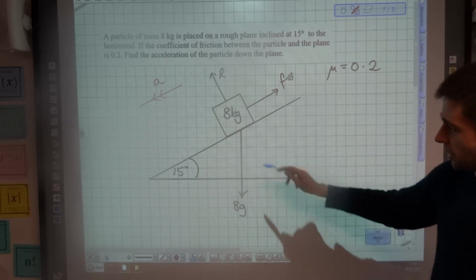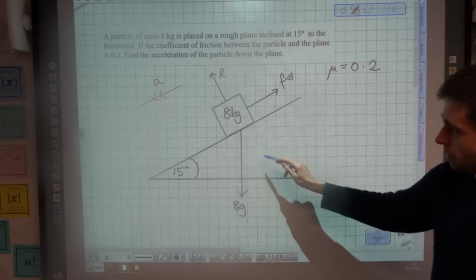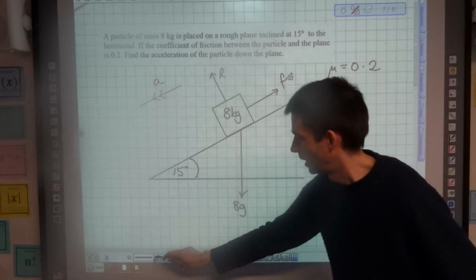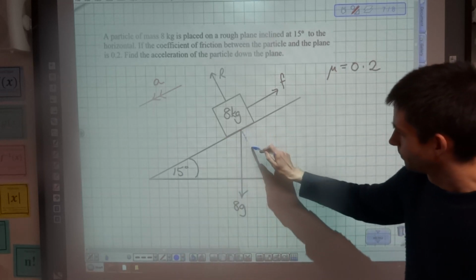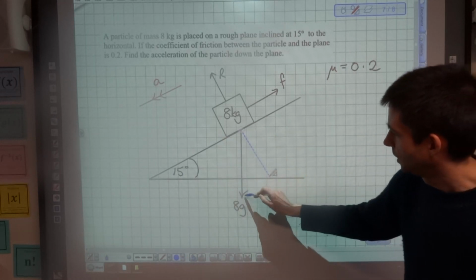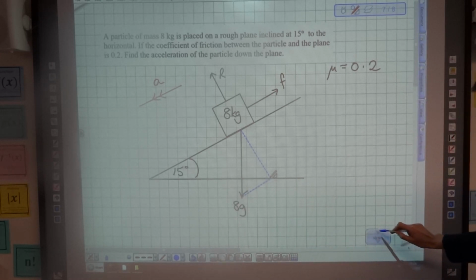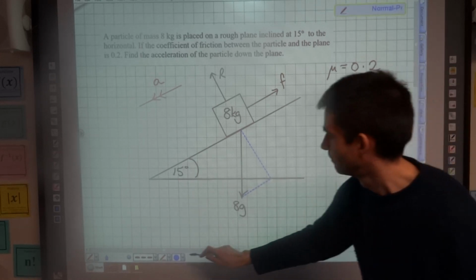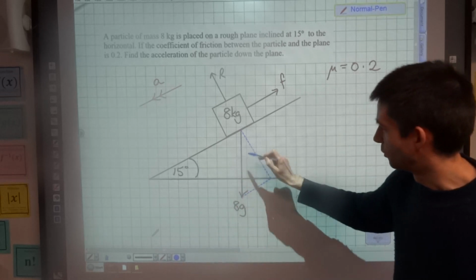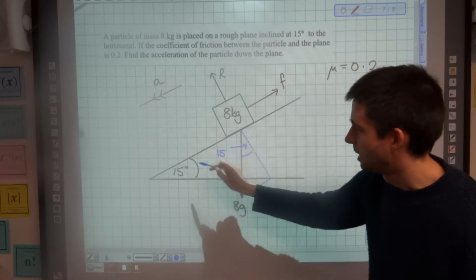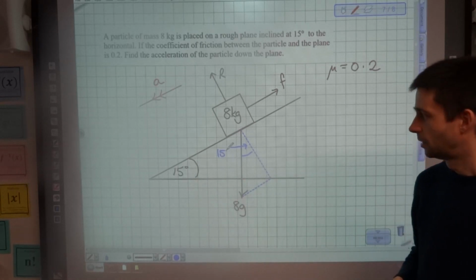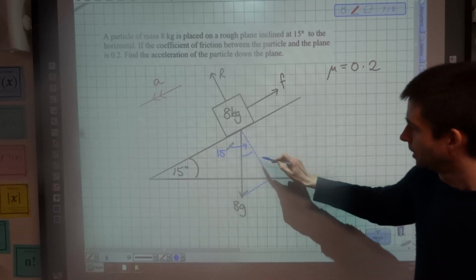Now, what I need to do is resolve this weight into its components perpendicular and parallel to the slope. So I'm just going to draw those on with dashed lines. So there's the one perpendicular to the slope, and there's the one parallel to the slope. And if you remember in the previous video, I explained that this angle here is always going to be the same as the angle at which the plane is inclined, 15 degrees.